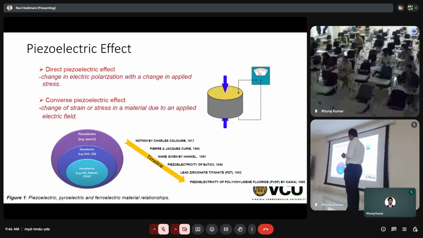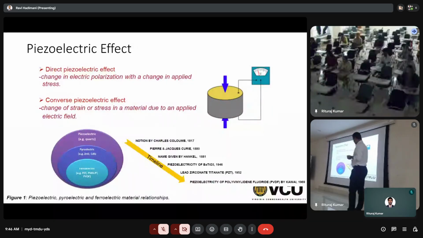PZT is lead zirconate titanate. Zirconium is a transition element, titanium is also another element, and lead is a heavy metal. When you combine these, it becomes a ceramic material, and that ceramic material is piezoelectric and ferroelectric as well, and pyroelectric as well.